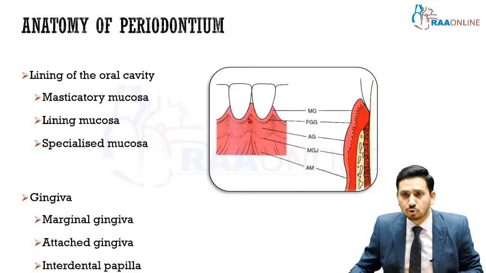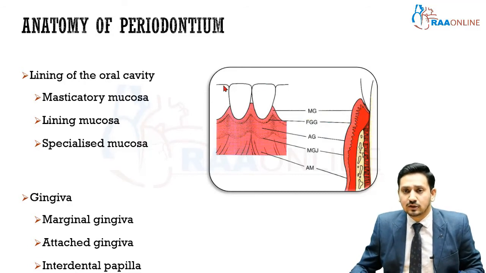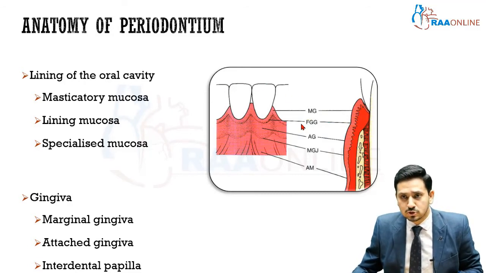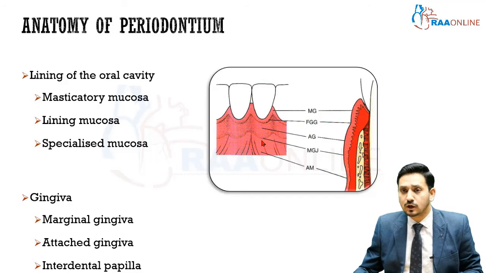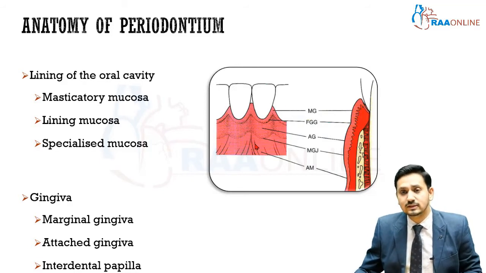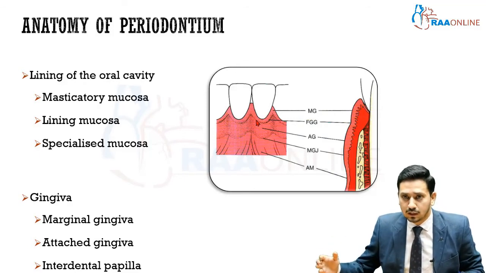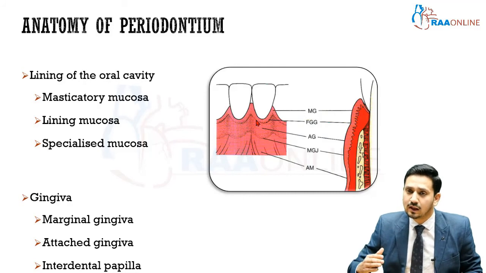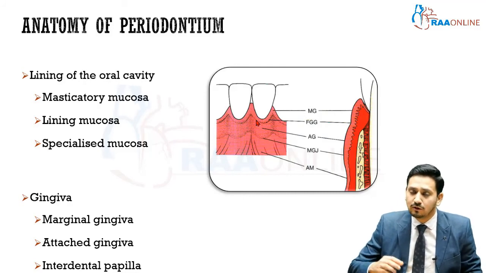So you have to maintain the gingiva and the periodontium of a patient. If you give over extended or over contoured restorations, then the gingiva will get affected. There will be some inflammatory processes, and this will lead to loss of bone leading to periodontitis, and finally the tooth will start shaking and it will fall off.